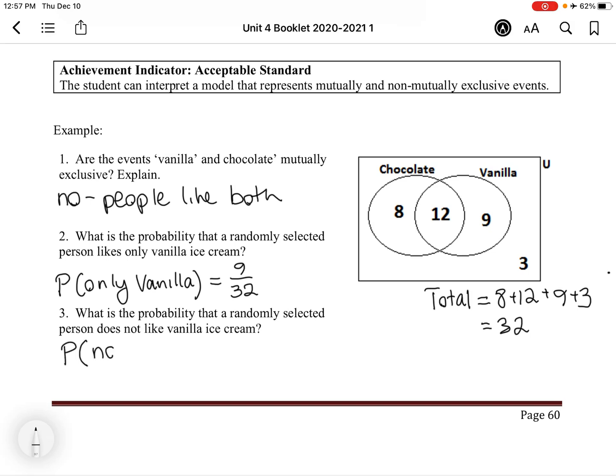So the probability of not vanilla is 8 plus 3 over 32, or 11 over 32. And these probabilities, you can leave them as a reduced fraction, or if you want, you could convert them into a decimal. And typically with these probabilities, we round decimals to the nearest hundredth.